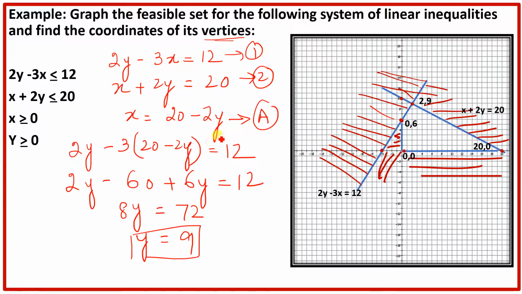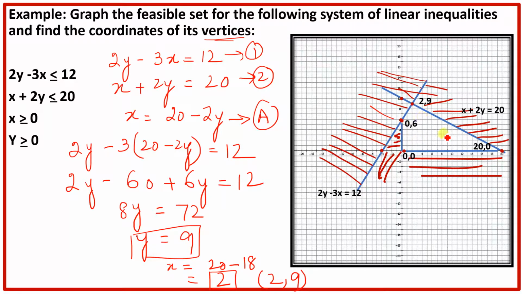Put the value of y in the equation here. So it will be x equals 20 minus 18. So x will be equal to 2. Our solution is 2 and 9. So at this point they intersect. These two lines intersect at this point, and its coordinates are 2 and 9.